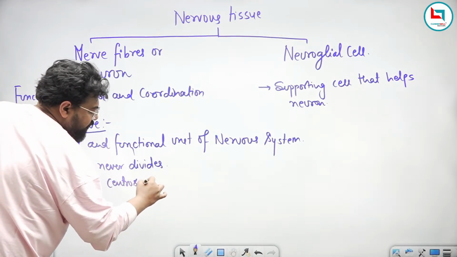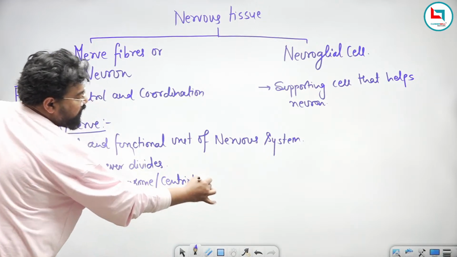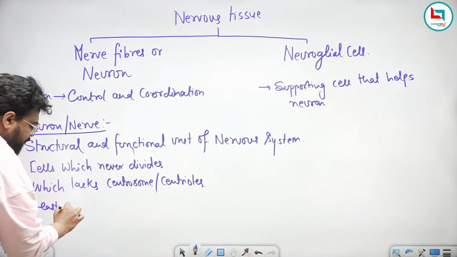In our class on the cell, the fundamental unit of life, we have discussed a cell organelle, that is the centrosome. These centrosomes help in cell division. These centrosomes are basically absent in neurons, and due to the absence of this cellular organelle, these cells will never divide. So these cells have the least regenerative capability.